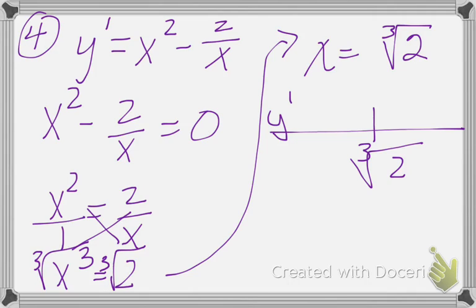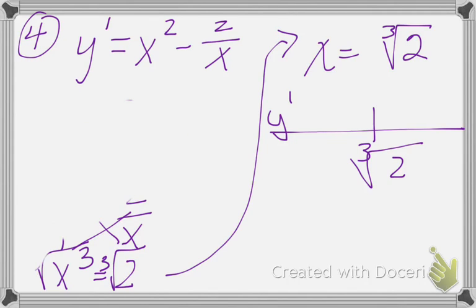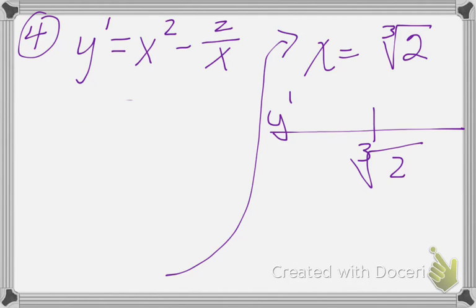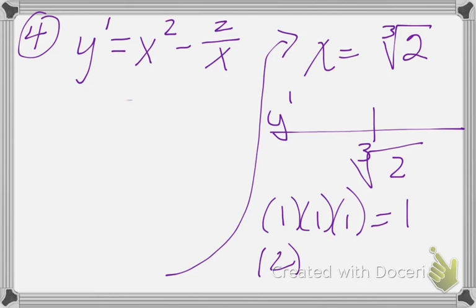So we did speak in class about how you know what values are to the left and the right of this. What number multiplied by itself 3 times will give you 2? Obviously, if you choose 1, it's just going to give you 1. If you choose 2, it's going to give you 8.